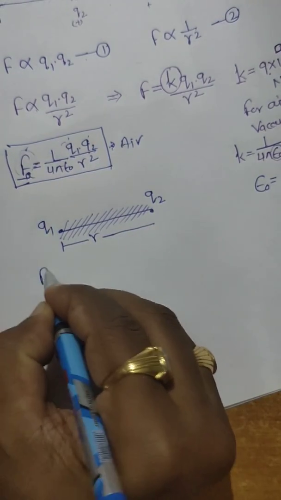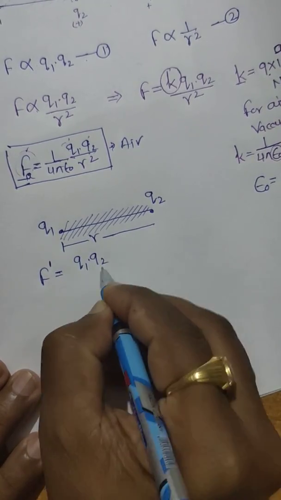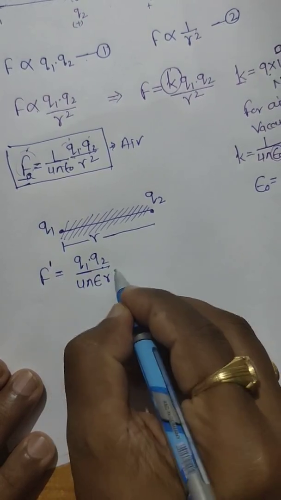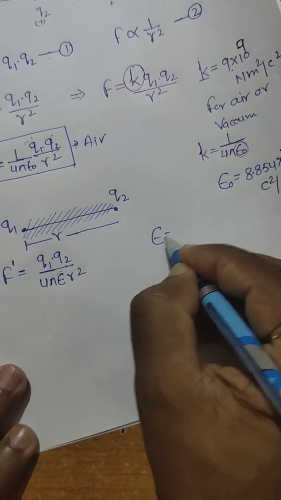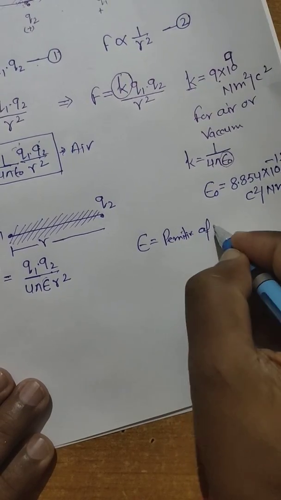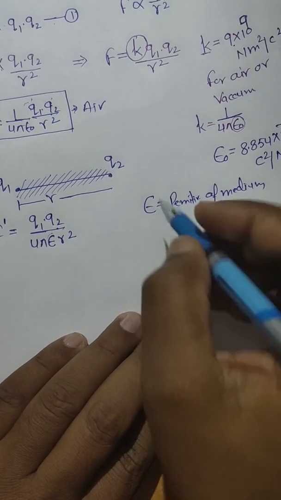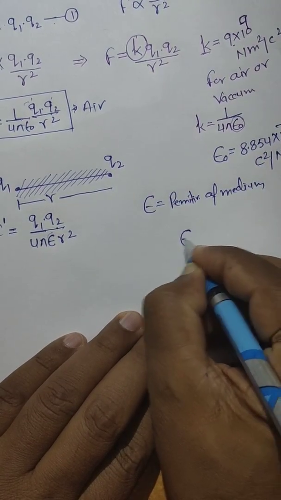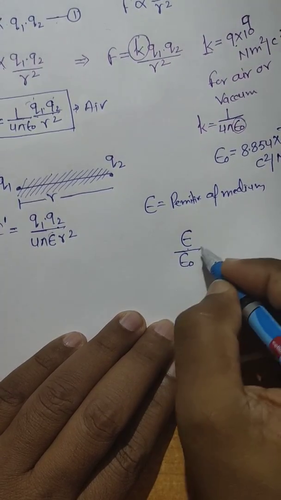So the new force acting between them, F dash, is equal to Q1 Q2 upon 4 pi epsilon R square, where epsilon is the permittivity of medium. The relation between permittivity of medium and permittivity of air: epsilon is the permittivity of medium and epsilon naught is the permittivity of free space or air.